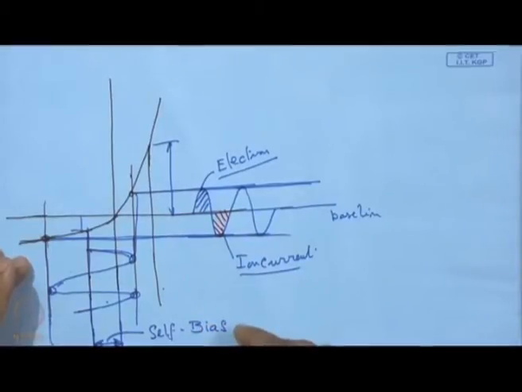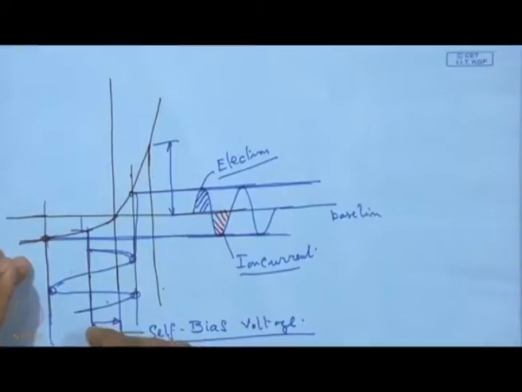Self bias means the voltage which develops on the cathode surface, and this is obviously negative in nature.